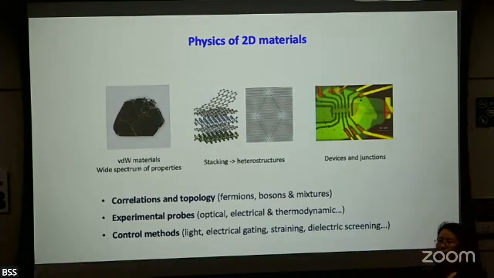And then we can stack them, pretty much of arbitrary composition, with very precise alignment in terms of crystal position and orientation. And this can be done because of the van der Waals nature of those materials. So you can isolate a single unit of stable layer, and they don't care about the lattice mismatch too much. So you can put different materials together.